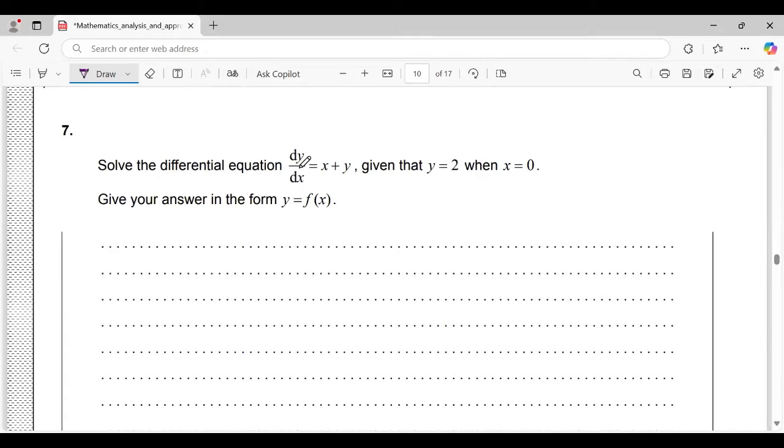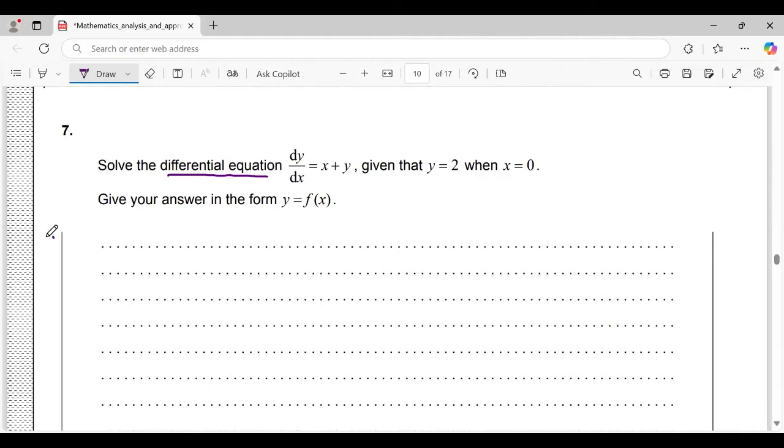Solve the differential equation dy/dx equals x plus y, given that y equals 2 when x equals 0. Give your answer in the form y equals f(x). This is a problem about first order differential equations.